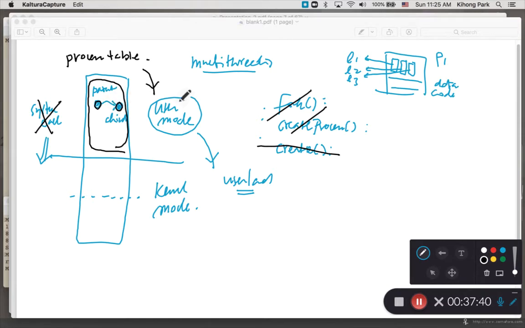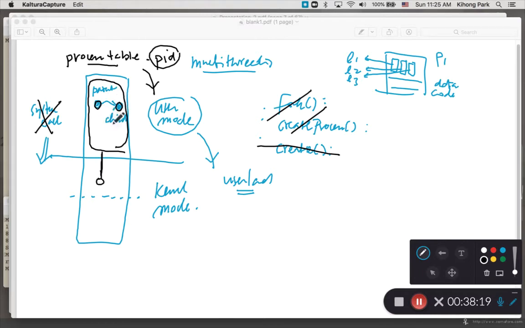This is something that exists in user mode. For the OS, for the kernel, it thinks that these are actually the same process. So it thinks, oh, there's only one process. But internally, you maintain your own process table, your own separate PIDs. These PIDs may have nothing to do with the PIDs here, wherein you implement a process being a child of another process, and then this guy doing something, this guy doing something else.